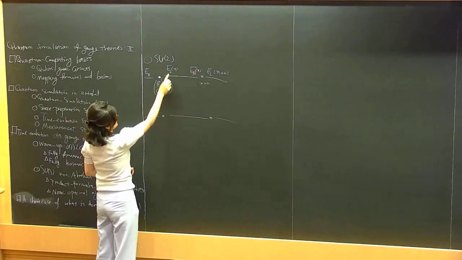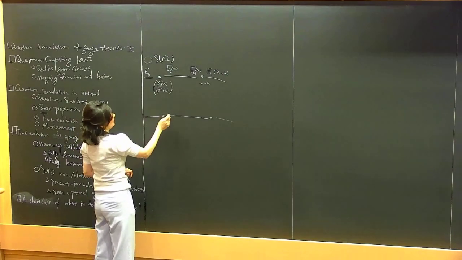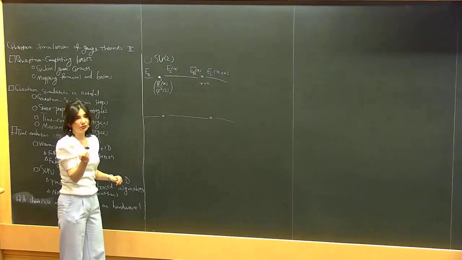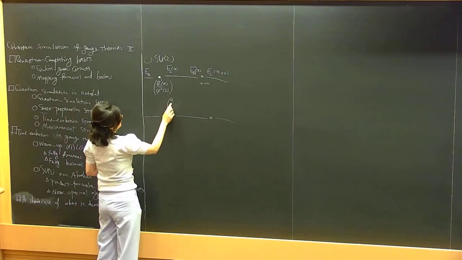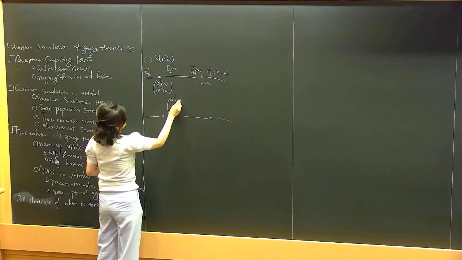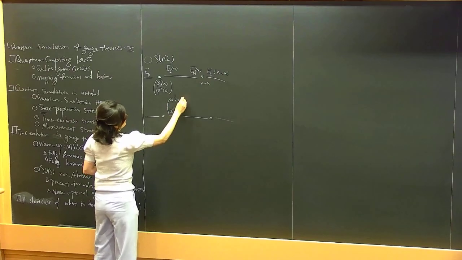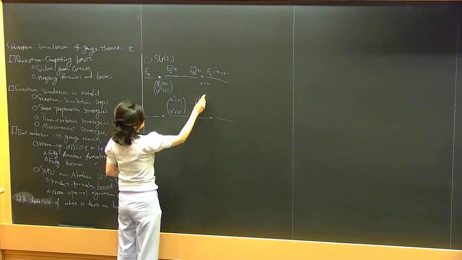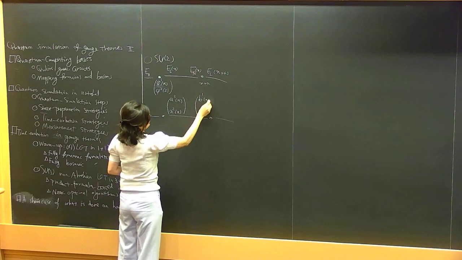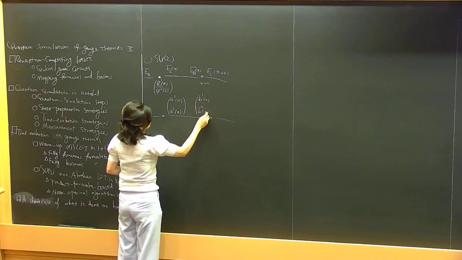And in particular, if I'm sitting at this E left, because it's SU2, I have a doublet of oscillators. I have something that I call A oscillator number 1 at site X, A oscillator number 2 at site X. And associated with the right side of this link, I have B-type oscillators number 1, and then B-type oscillators number 2.